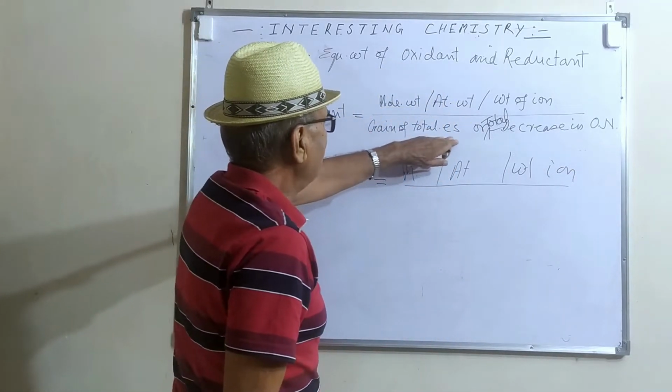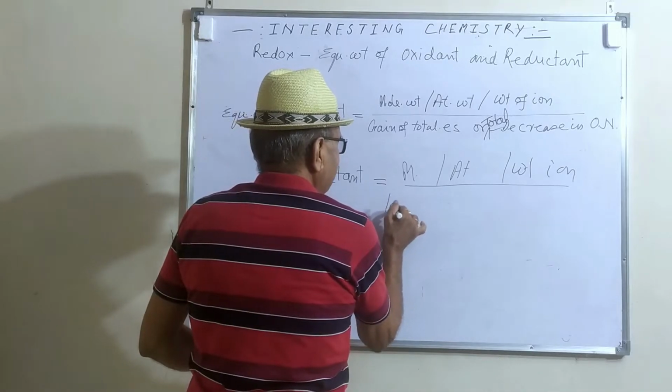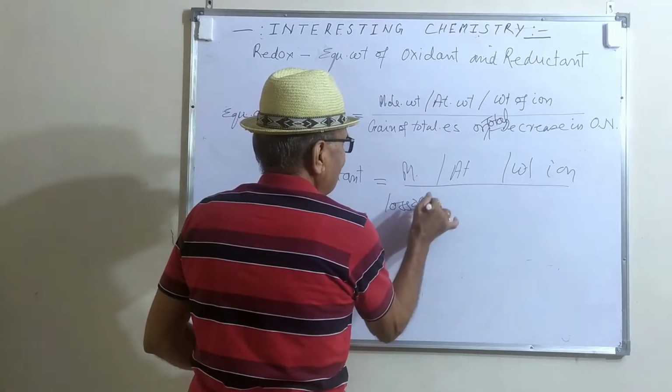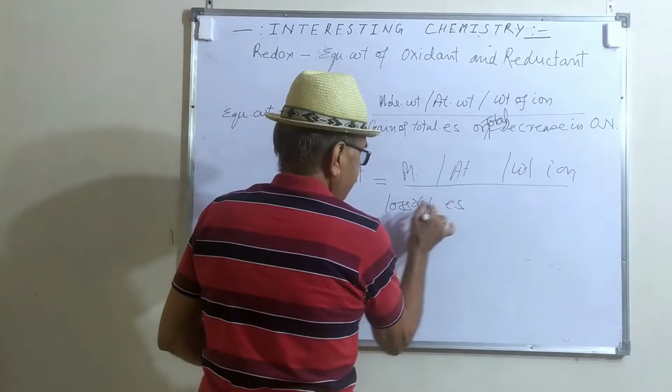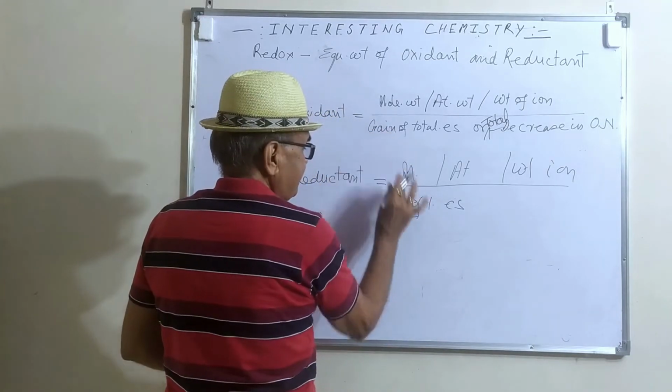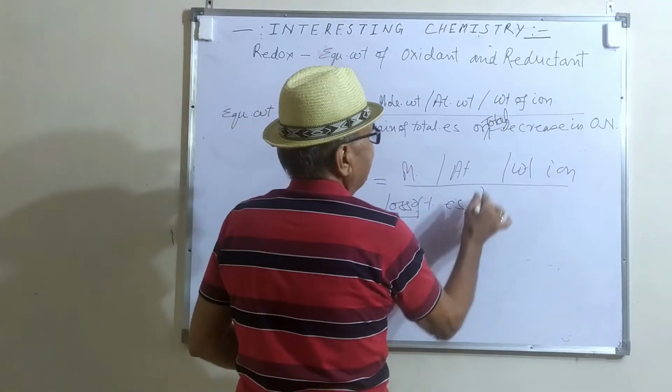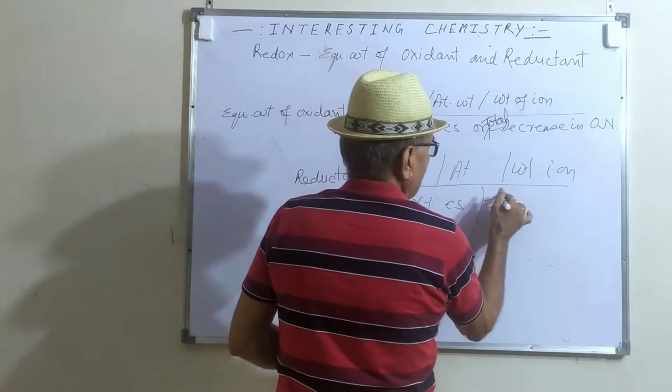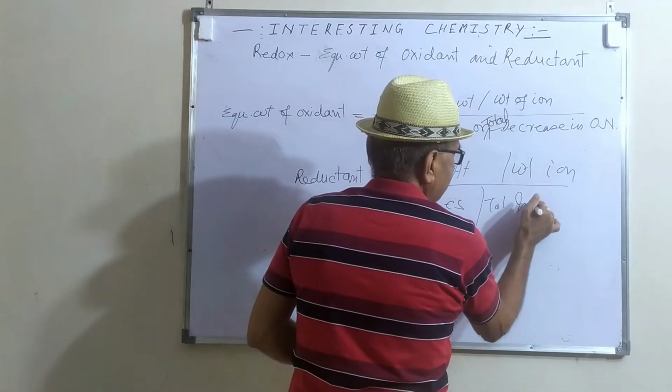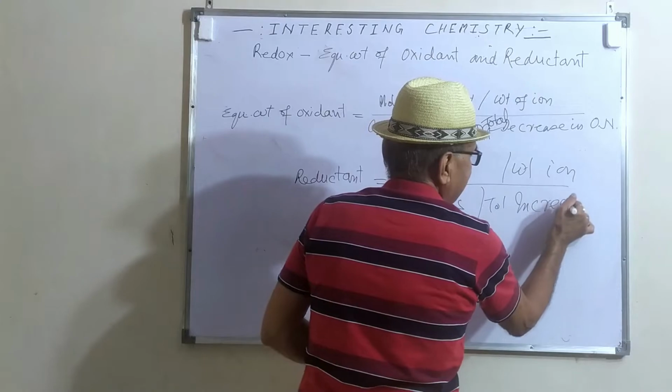Here, instead of gain of total electrons, you will write loss of total electrons. Change this gain into loss, and instead of total decrease you will write total increase.